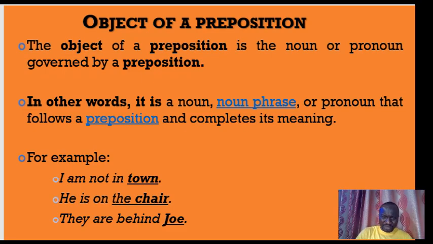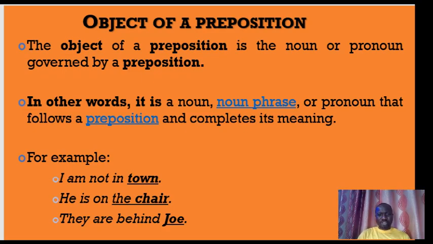So the preposition in is helping us know much about what? The town. So here the town is the object, because it follows a preposition, and it is telling us where exactly we are talking about. So I am not in town.